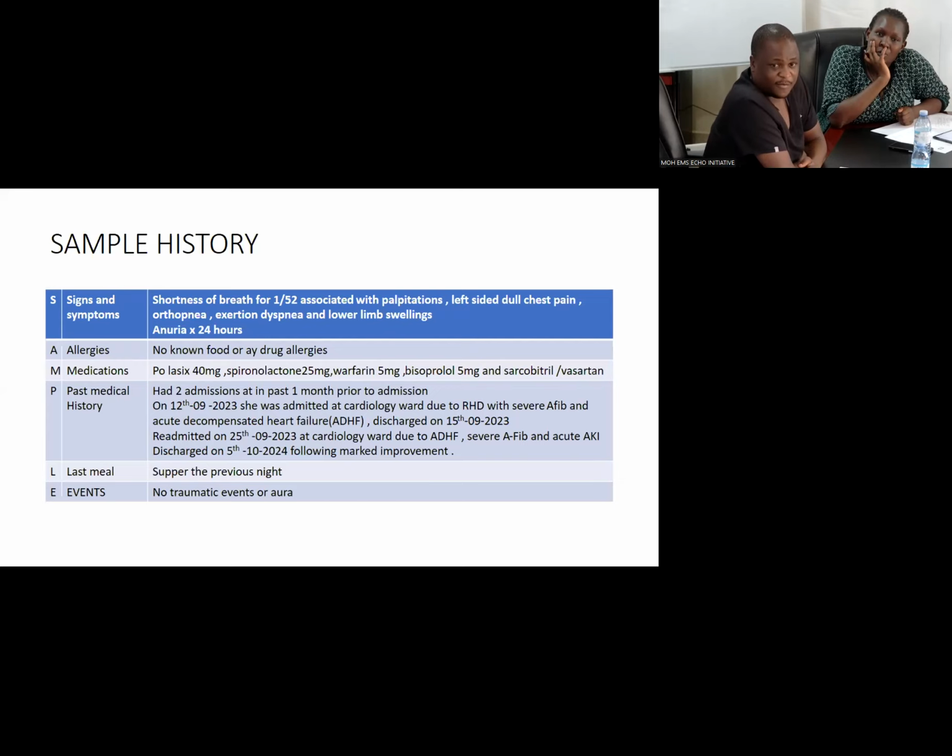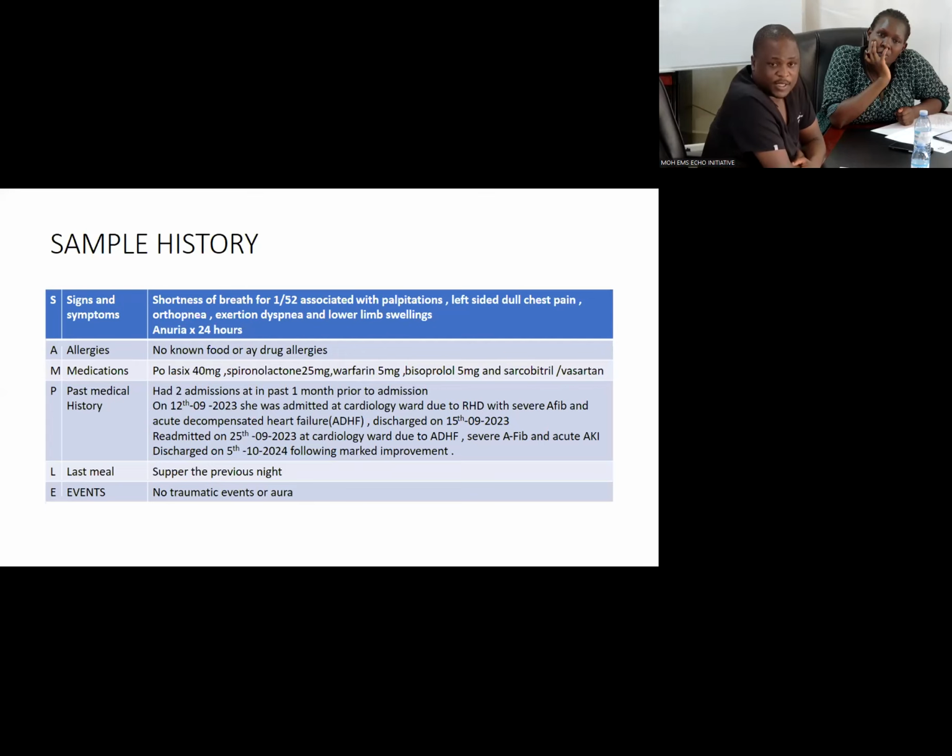She was admitted at the cardiology ward for almost 10 days, and she was discharged on 15th October last year. On improvement, she was able to pass urine.